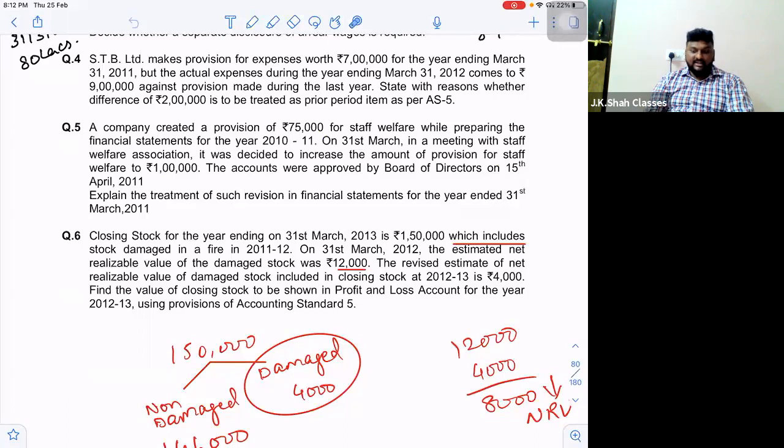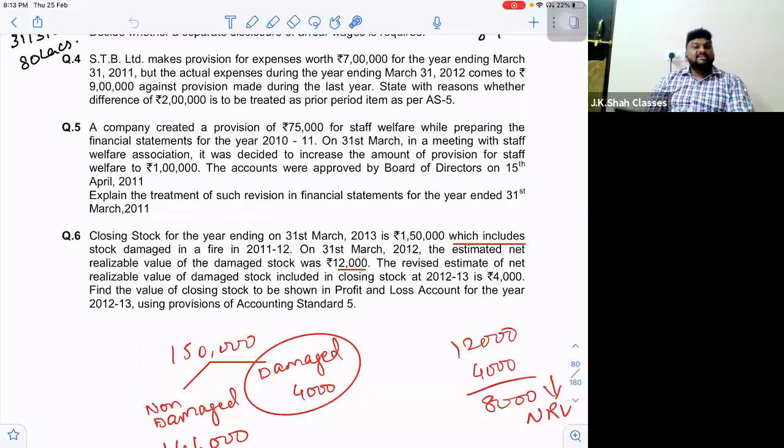And the decision is taken after 31st March. But the accounts were approved by the Board of Directors on 15th of April. So technically the decision to make the change was done before the accounts were finalized by the Board of Directors for the same year itself. So this can be incorporated in the same financial statements only. Explain the treatment of such revision in the financial statements.